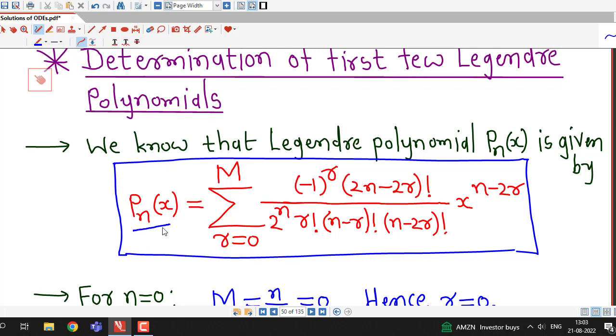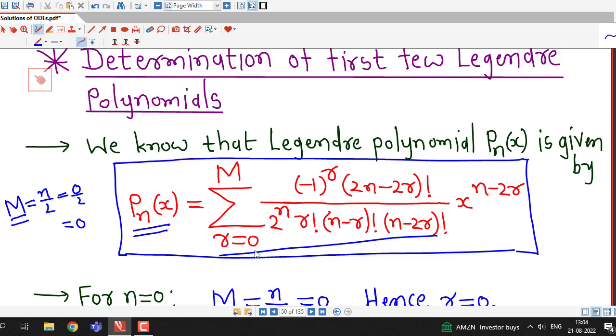For n equal to 0, I consider n equal to 0 everywhere here. Now if n is 0, capital M is n by 2, which is 0, an integer. So for small n equal to 0, the value of capital M will be 0.